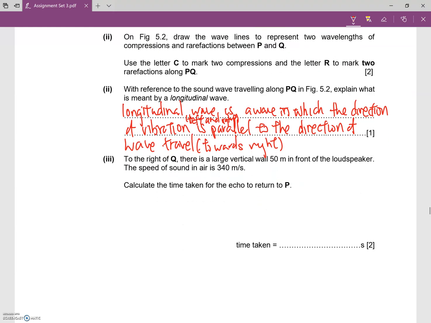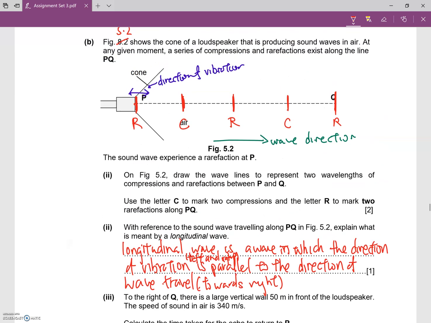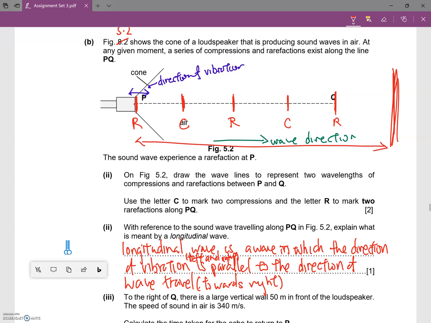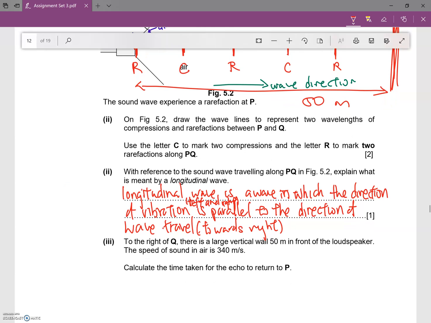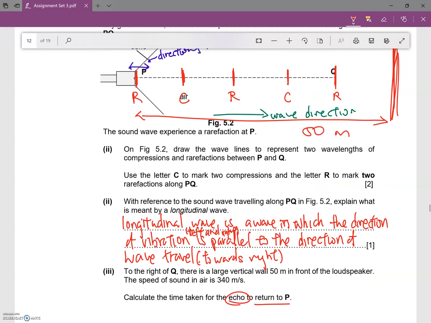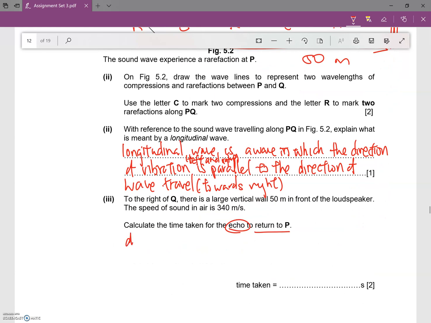To the right of Q, there's a large vertical wall 50 meters in front of the loudspeaker. So there's a wall over here, and the distance from the loudspeaker all the way to here is 50 meters. The speed of sound is 340 meters per second. Calculate the time taken for the echo to return to P. The key here is an echo. So the distance traveled by the sound will be 50 multiplied by 2, which is 100 meters.